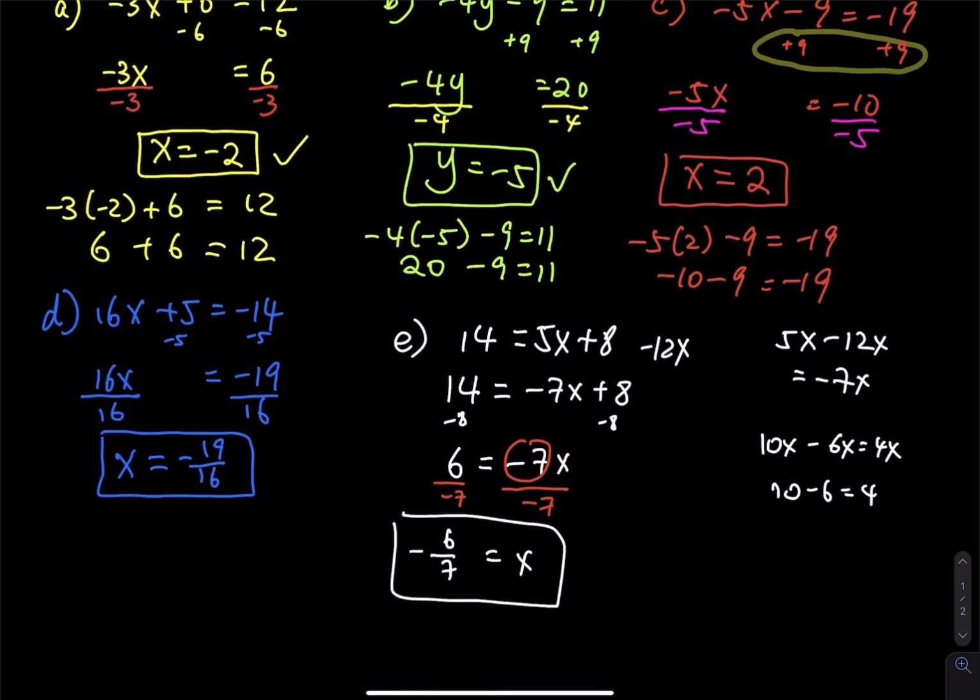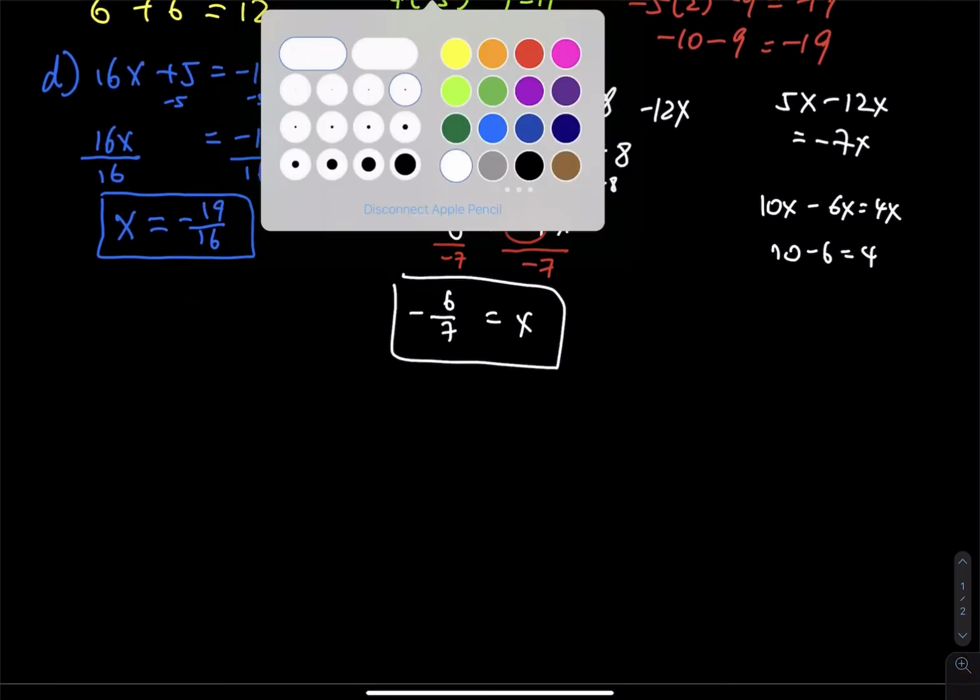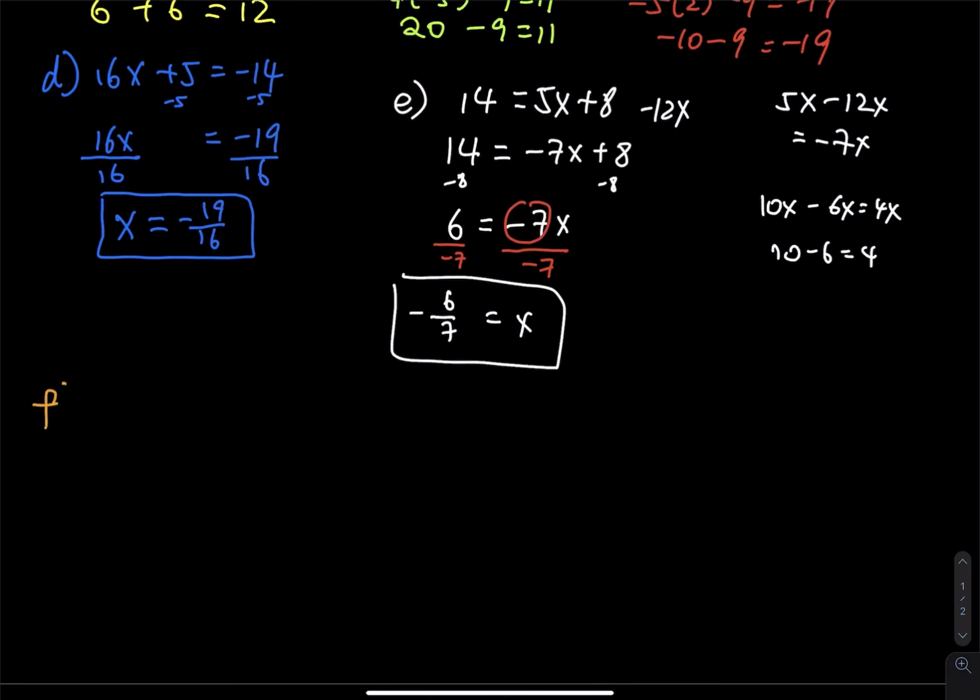So in part F, you have x plus 3 minus 7 plus 6 minus 2, divided by 3, equals 9. So 3 minus 7 is negative 4, right? Negative 4 plus 6 is 2, and 2 minus 2 is 0.